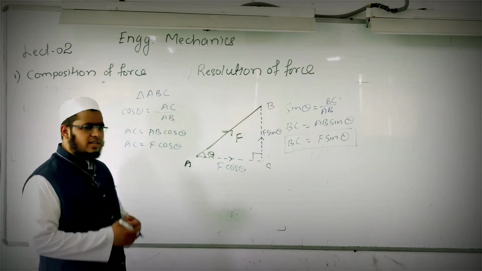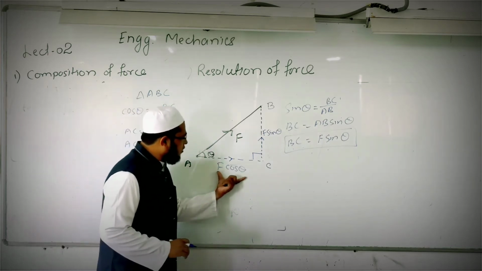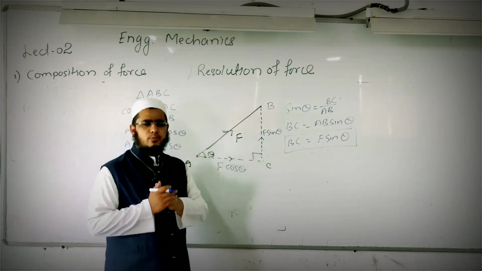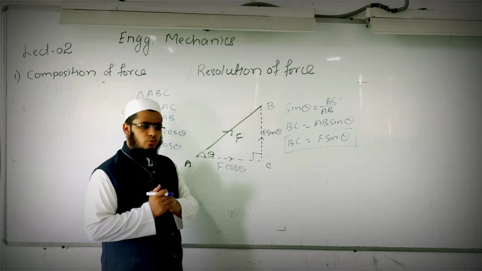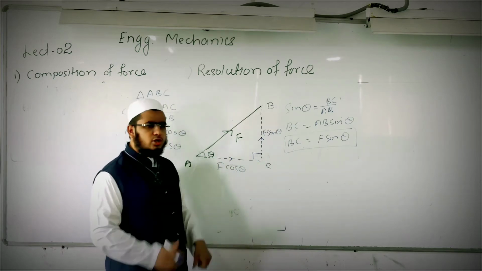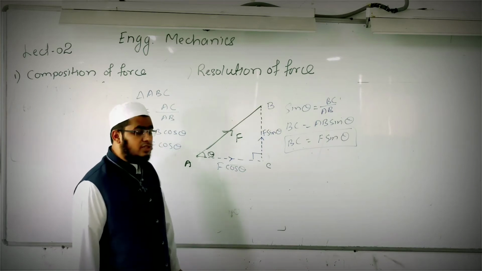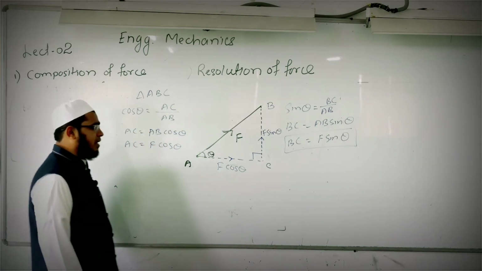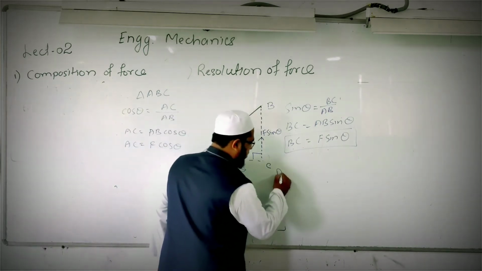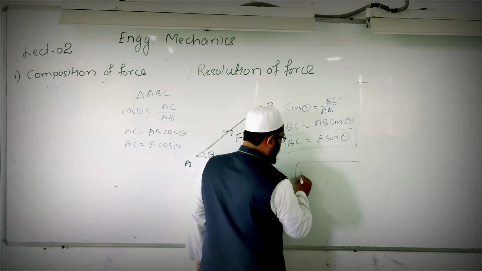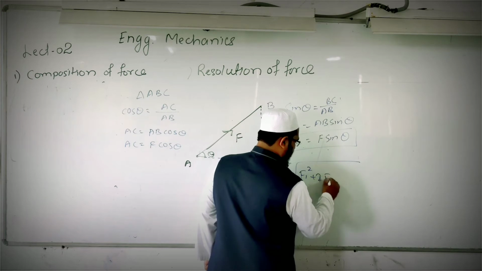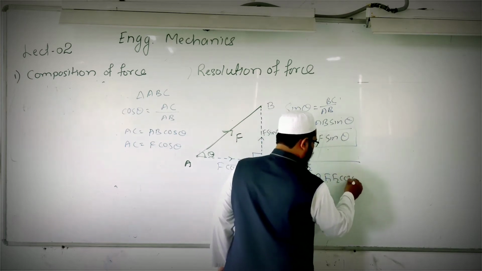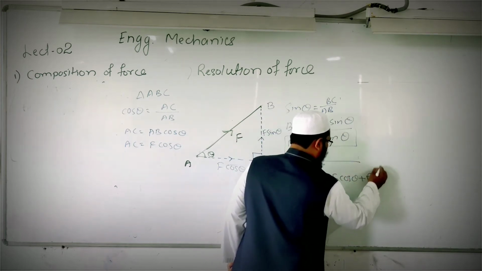We know that, assume F cos theta and F sin theta are two components, two forces which are acting perpendicular to each other. If we use the law of parallelogram of forces, R equals the square root of F1 square plus twice F1 F2 cos theta plus F2 square.